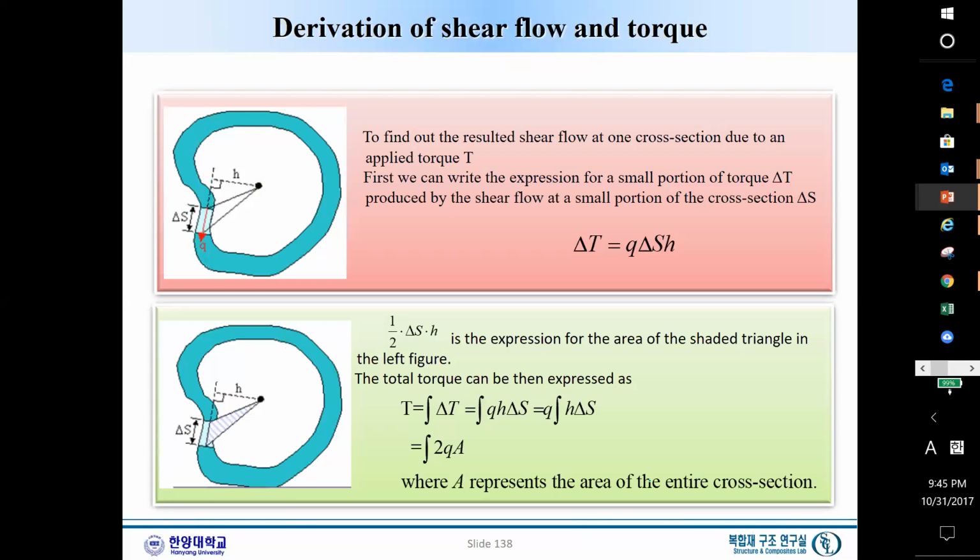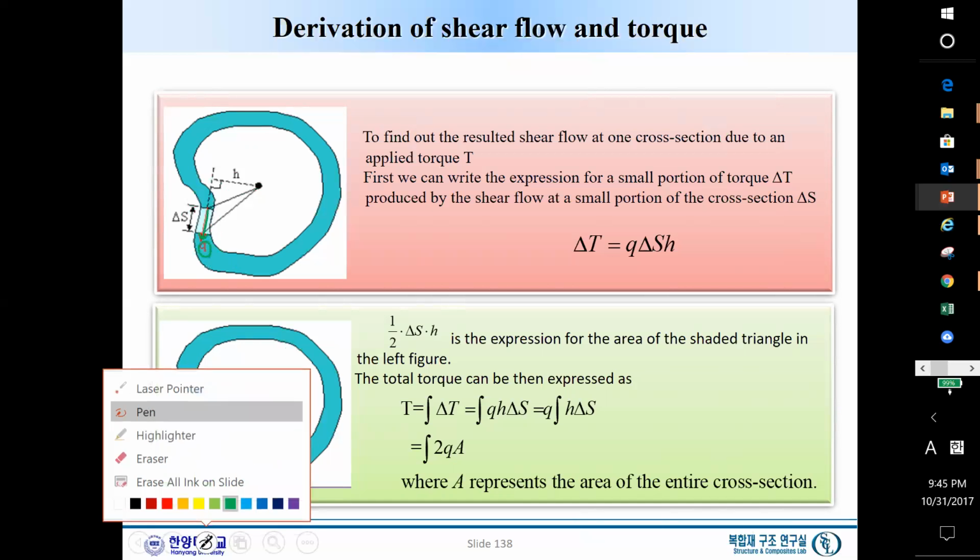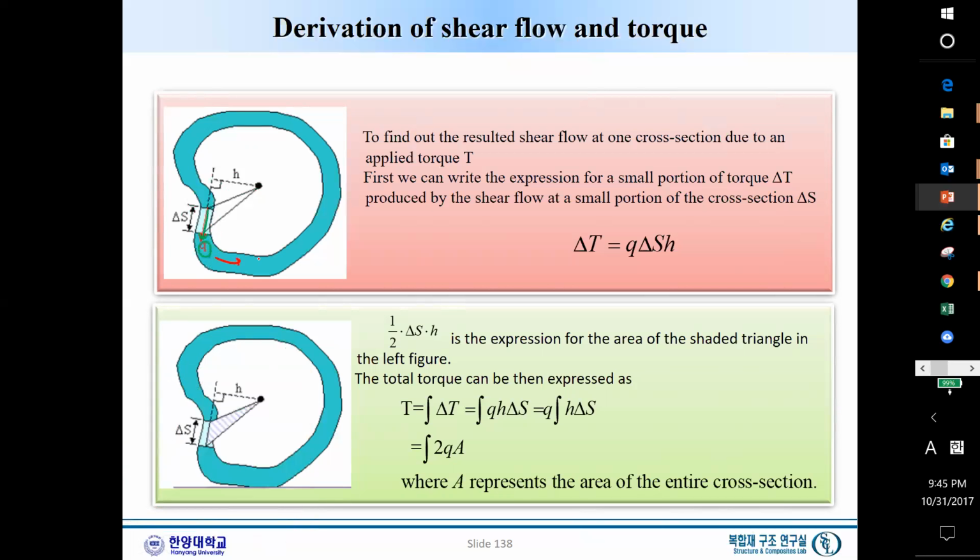This is a top view of the thin wall shaft, and now we have this shear flow Q. What we observed again is that the shear flow is all the same along this line. Okay, that is the conclusion, that Q of S is constant. So you can just say Q.